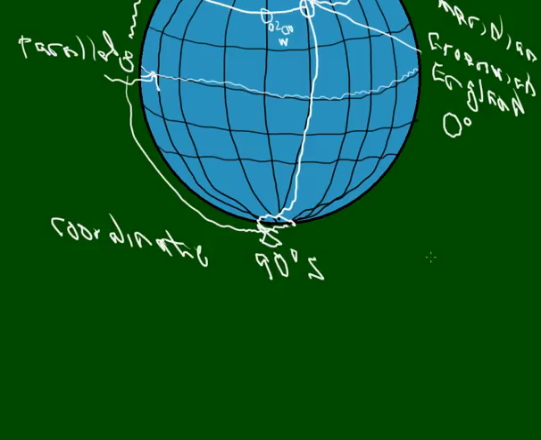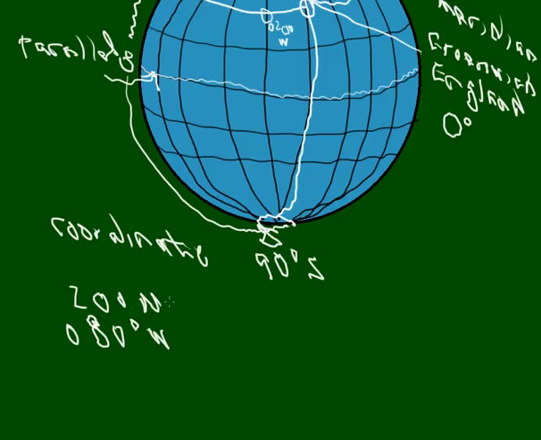In the same way that if you were in a city and you said, I'm at the intersection of 39th Avenue and 13th Street, in the lat long grid, you might say I'm at 20 degrees north and 080 degrees west.